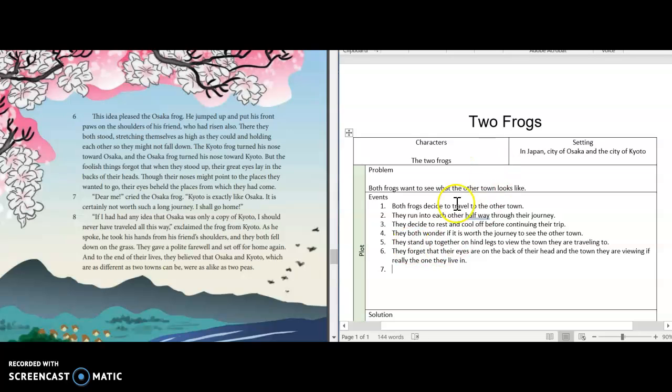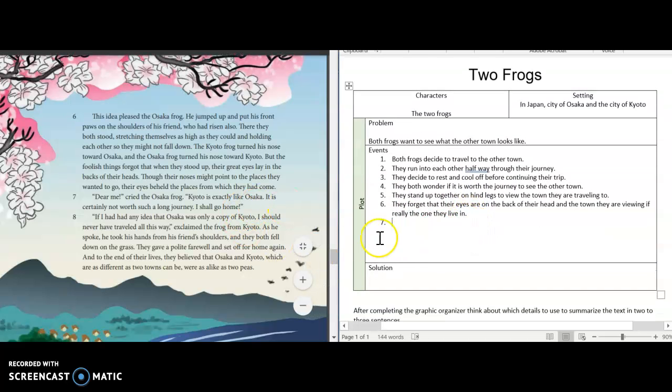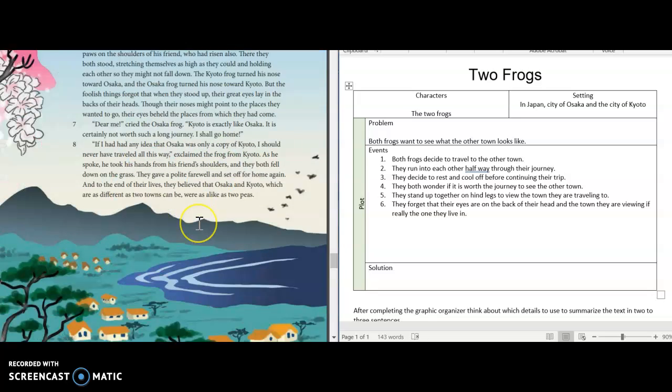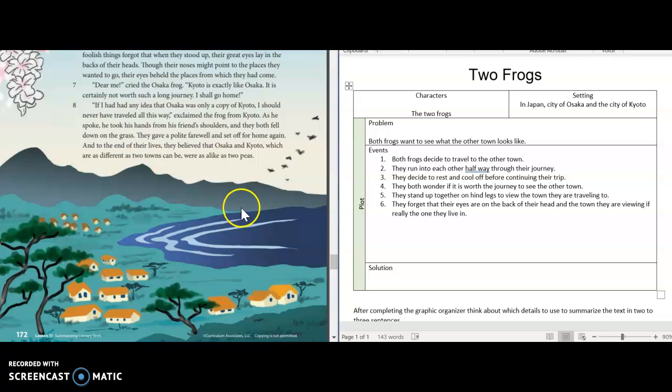Now, what was the solution here? Well, really, they wanted to see the other town, so how was this solved? After looking at what they think is the neighboring town, they decide that it kind of looks a lot like where I live. I guess they're the exact same, and they decide to go ahead and head home.